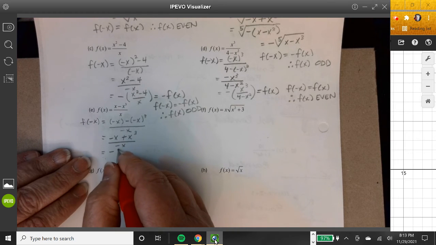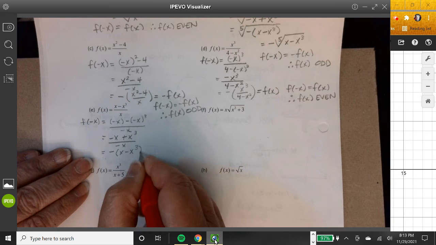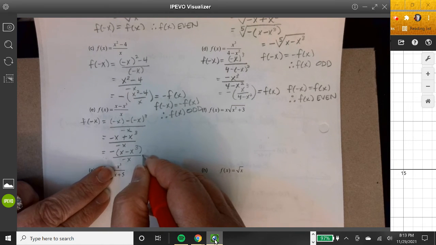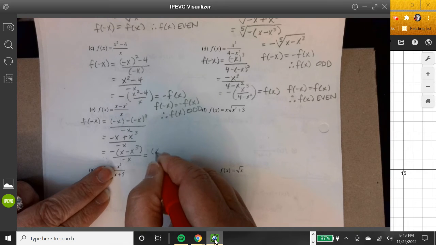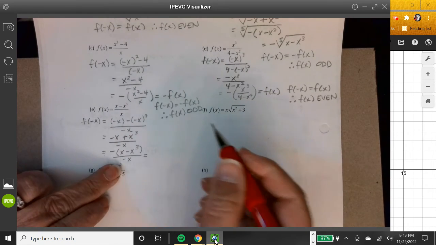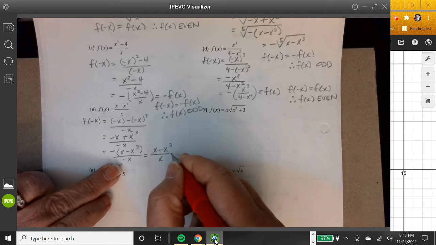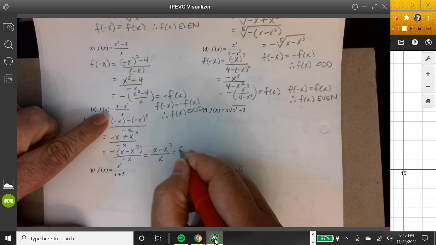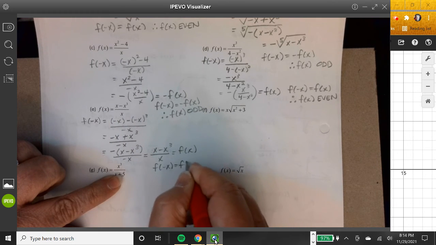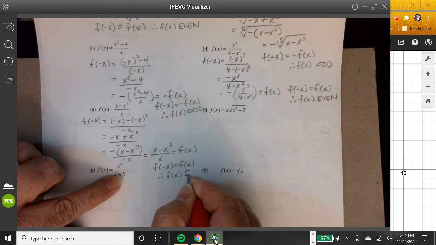I'm going to factor out a negative in the top, and I get negative x minus x cubed over negative x. And so the negative over the negative is equal to a positive. So we're going to get x minus x cubed over x, which is equal to f of x. So f of negative x is equal to f of x, which means we can say, therefore, f of x is even.